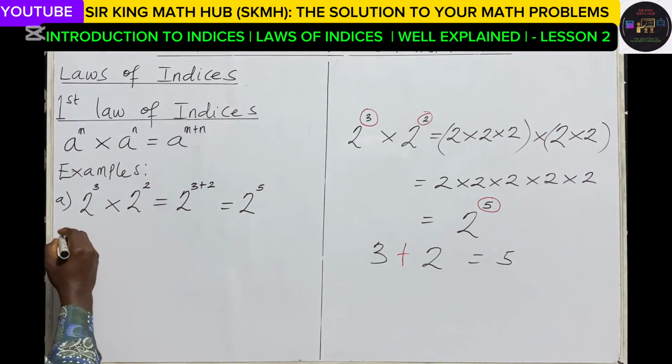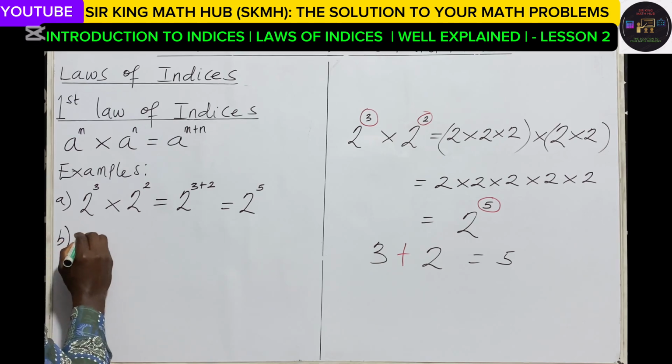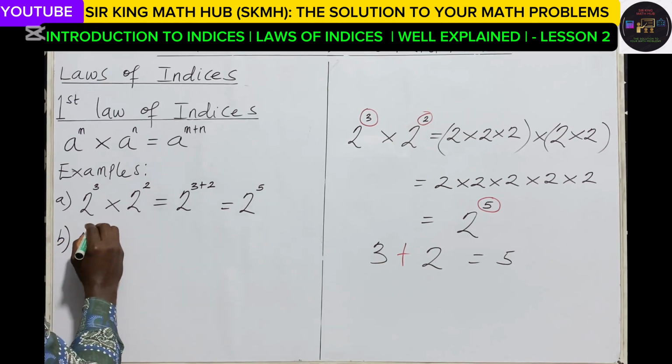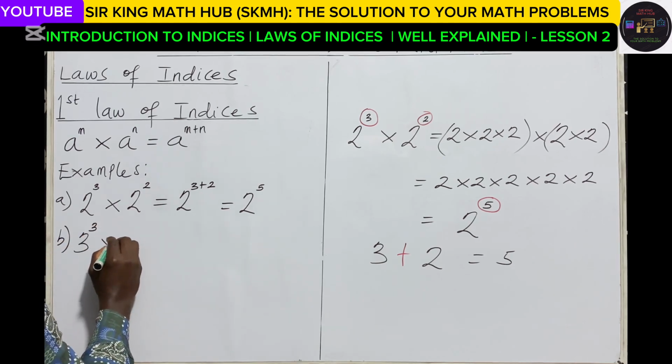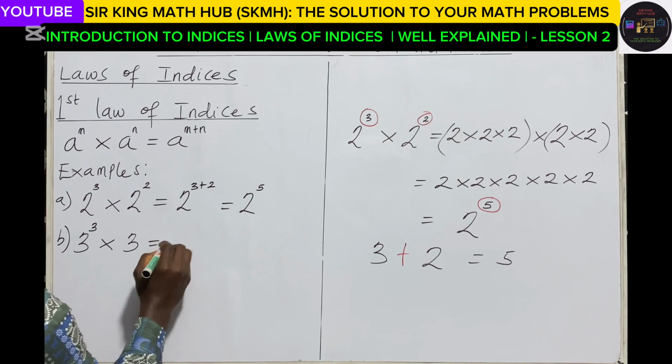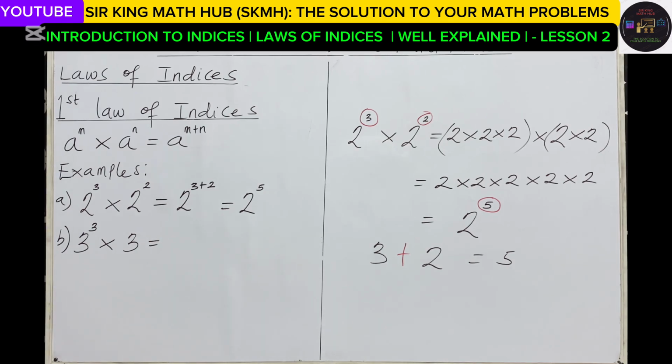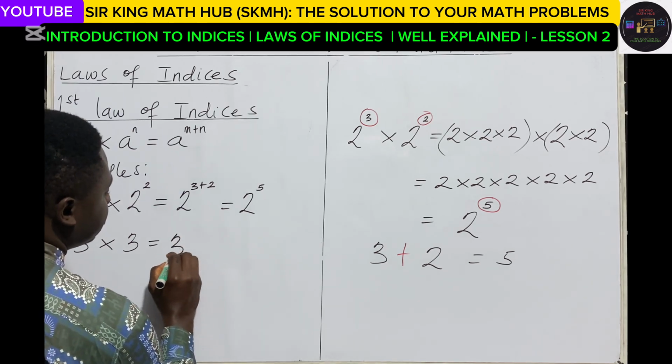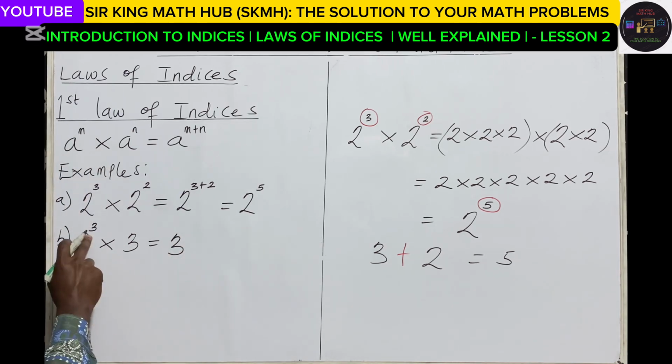So with this, can we also try this example? Okay, so let's try this one. 3 index 3 multiplying 3. So see that the bases are the same. So what do we do? We add the index. What is the index here?